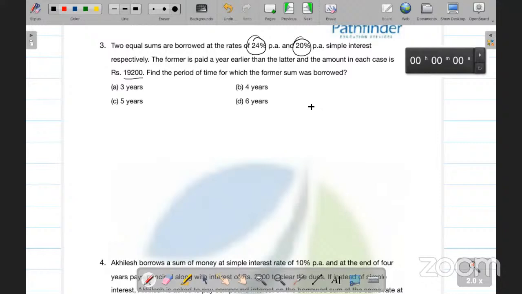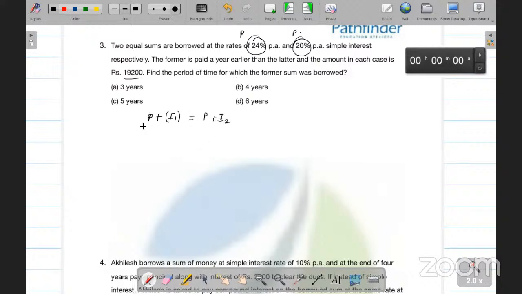So one thing is sure that the principal in both the cases are same. You have P and P. And since the amount in both the cases is same, so I have principal plus the interest on the first amount is equal to principal plus interest on the second amount.